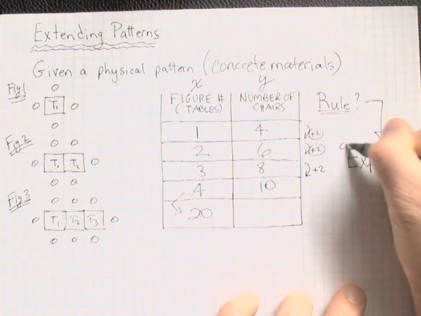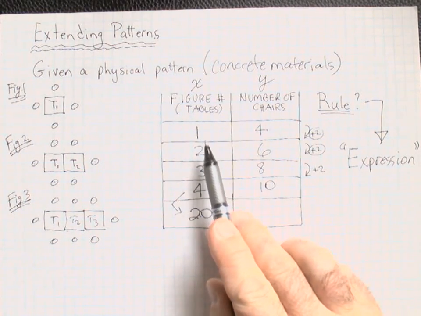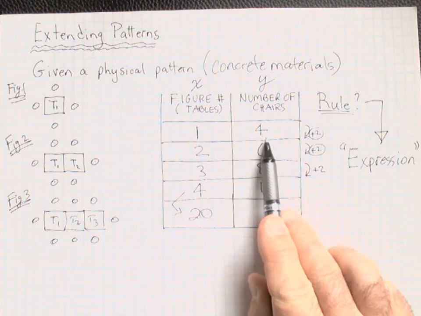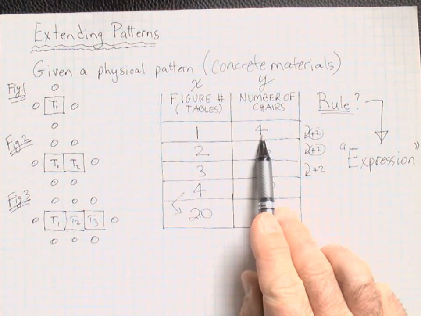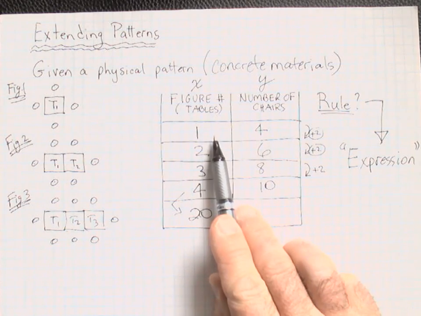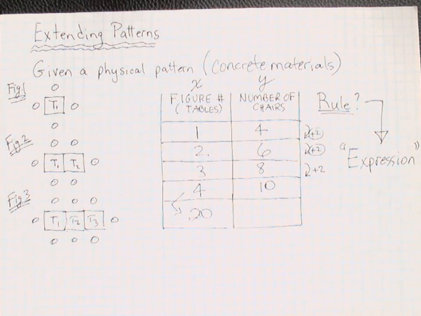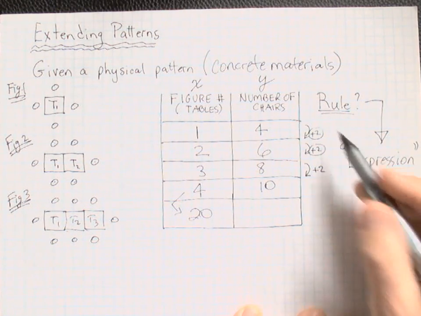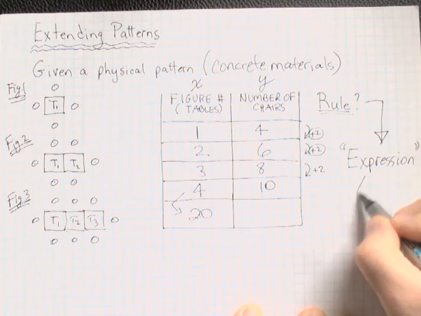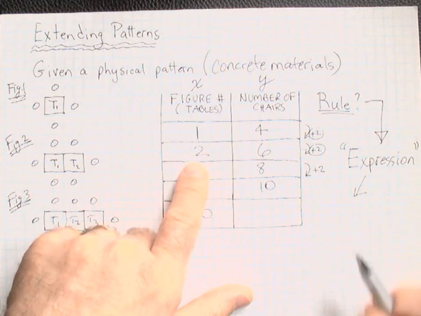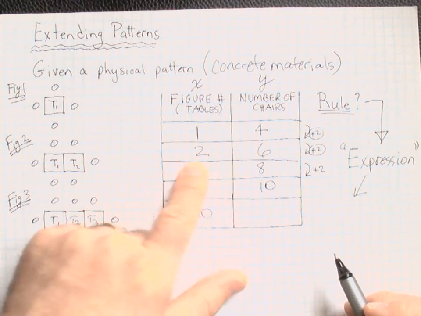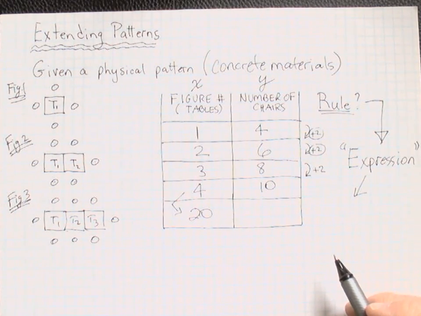And the expression is whatever we do to our x value to get our y, or in this case, how can we tell how many chairs there are just by knowing the number of tables? So in this case, if we take a look at it, it seems like if we take the number of tables and multiply it by 2 and then add on 2, it works every time.